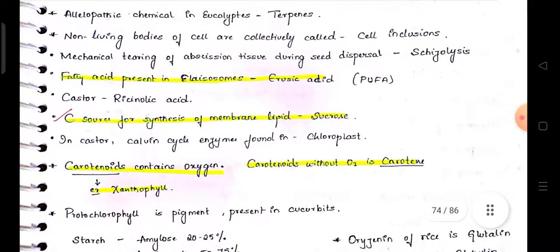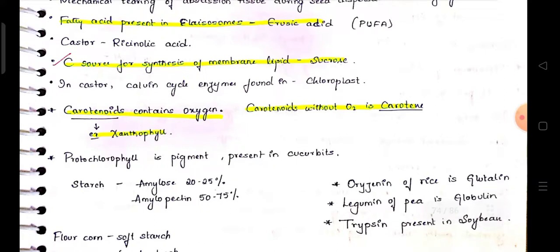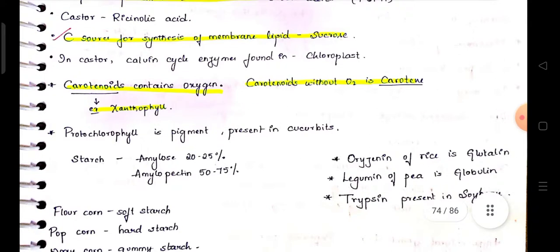In castor, Calvin cycle enzyme is present in chloroplast. Carotenoids contain oxygen. Carotenoids without oxygen are carotenes. The carotenoid which contains oxygen, for example, is xanthophyll.